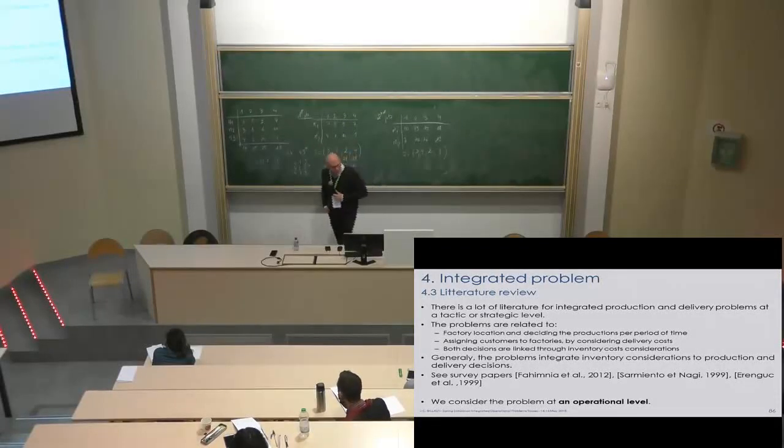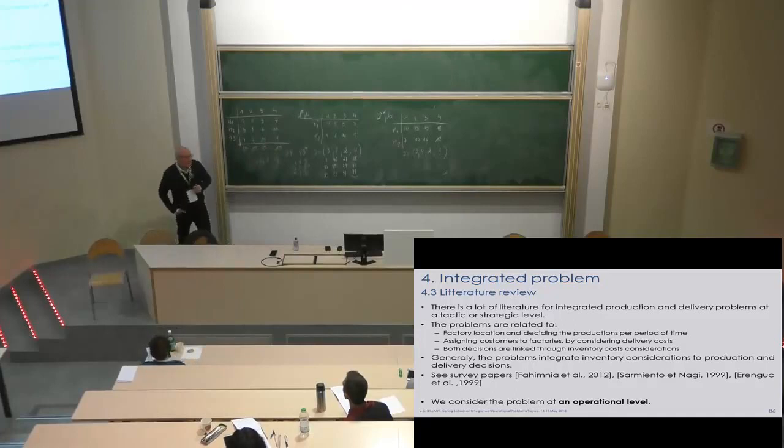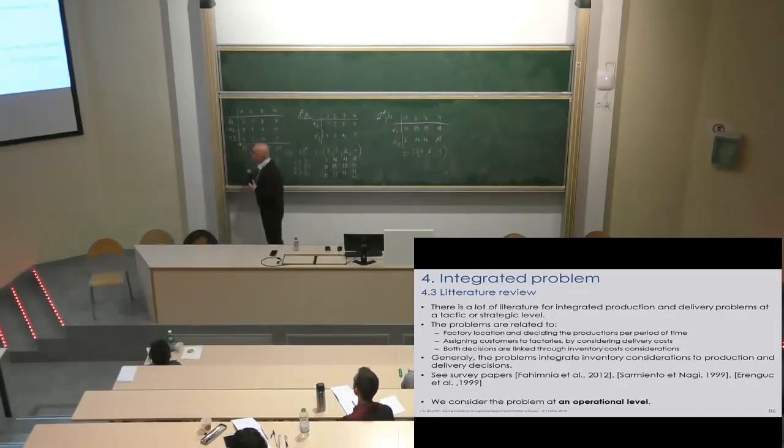So there is a lot of literature for this sort of problem, at a tactical or strategic level. For this type of problem, we have a huge literature. The problems are related to factory location, deciding the production per period of time, assigning customers to factories, decisions linked through inventory cost considerations.